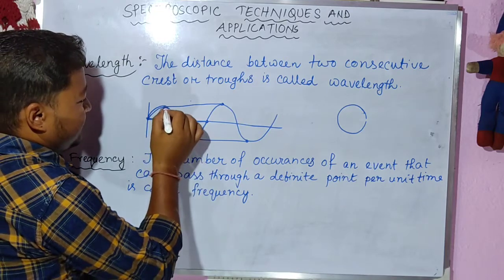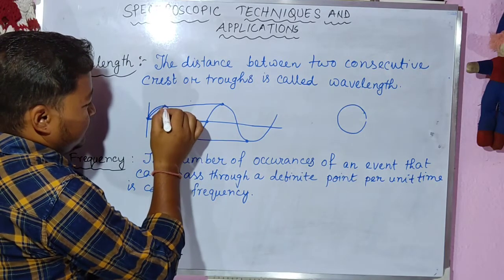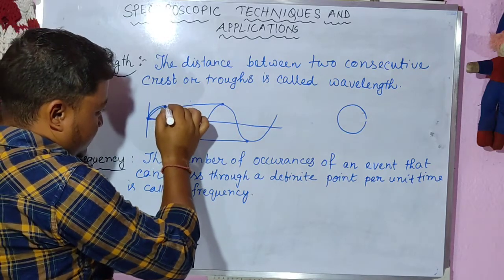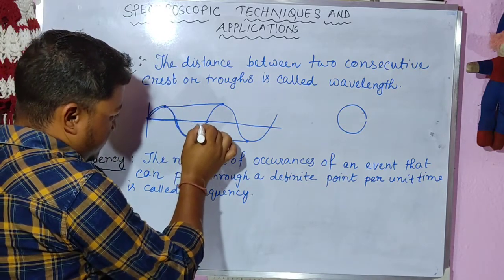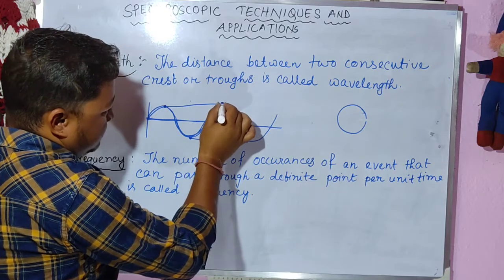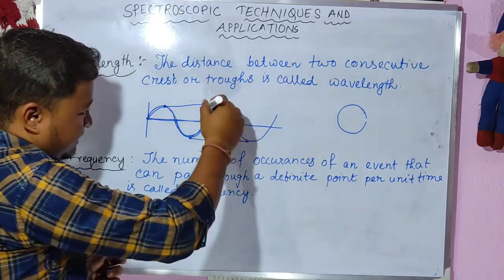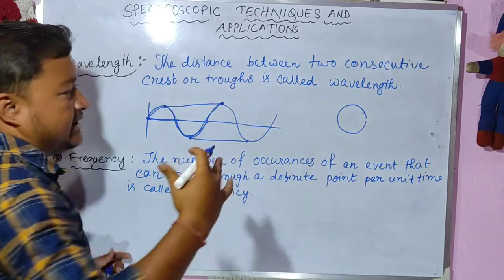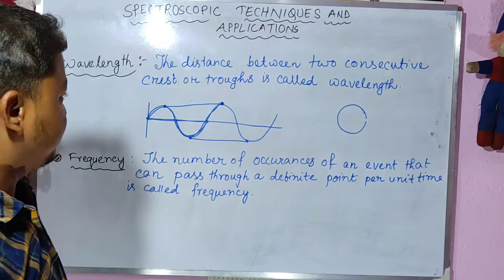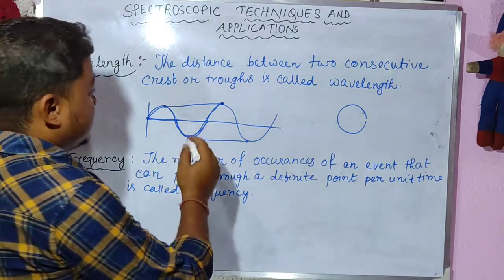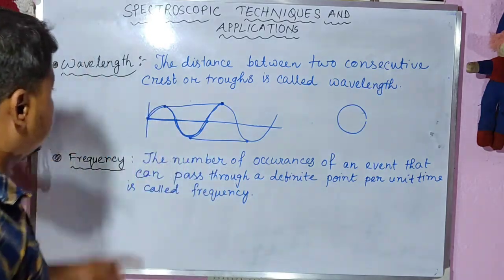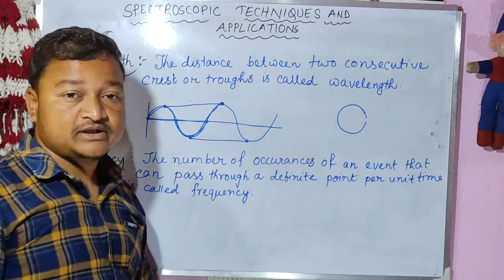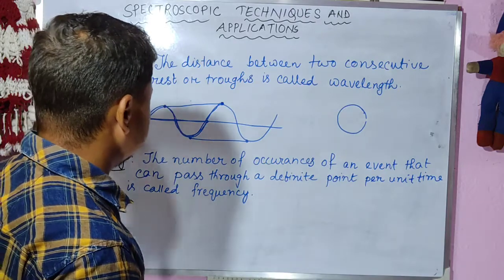See here, if we attach this point to this point, there is a complete circle. So simply we say that the distance between two consecutive crests or troughs is called wavelength.